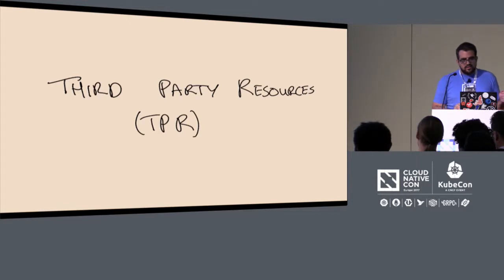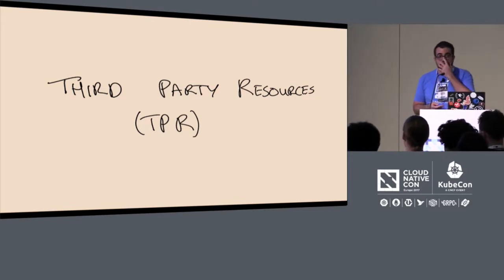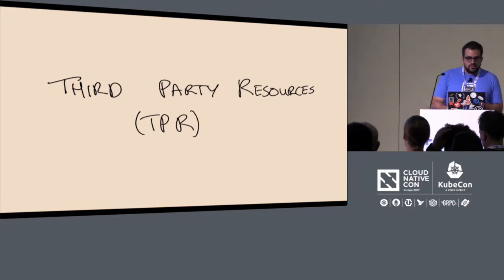And in order for us to be able to go a step beyond what is just provided by the Kubernetes resources, Kubernetes actually gives us a way to define our own resources. So these are called third-party resources. They're an extension of some kind.